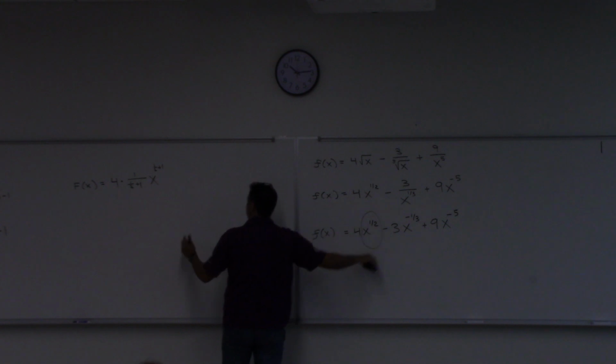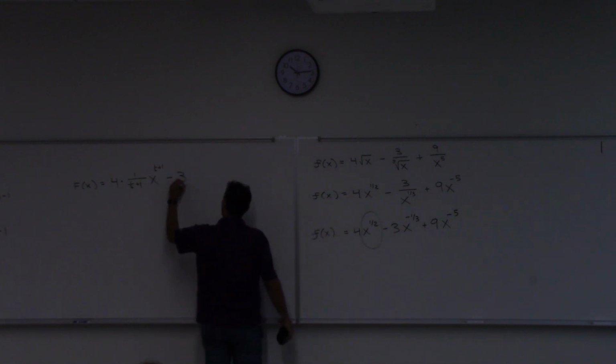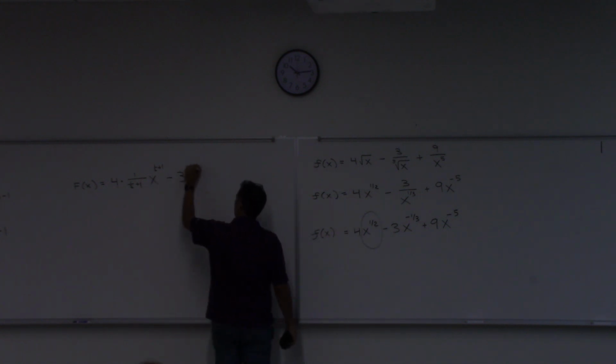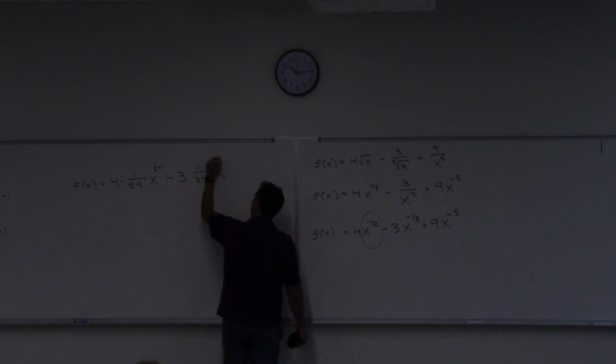All right, so now minus 3. And then I have the 1 over what? If I'm using the formula, 1 over negative 1/3 plus 1, x to the negative 1/3 plus 1.